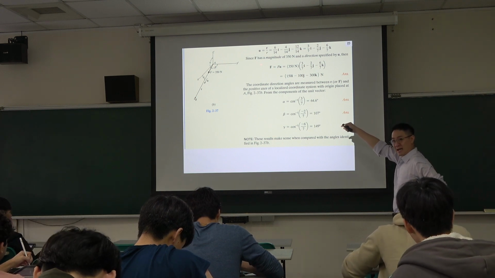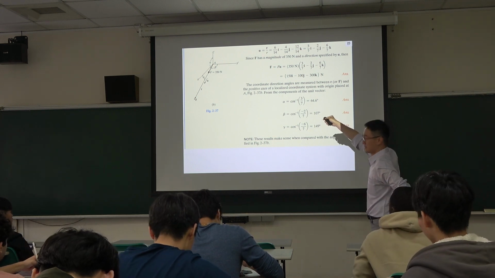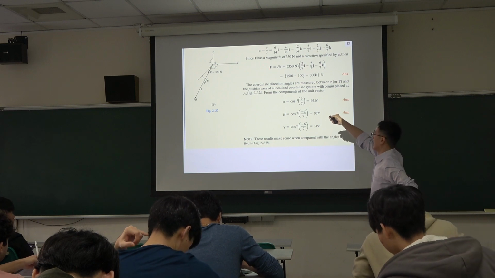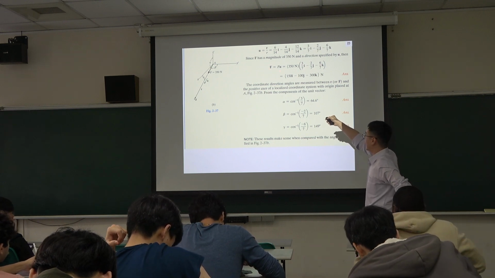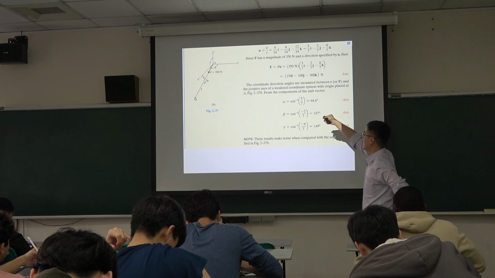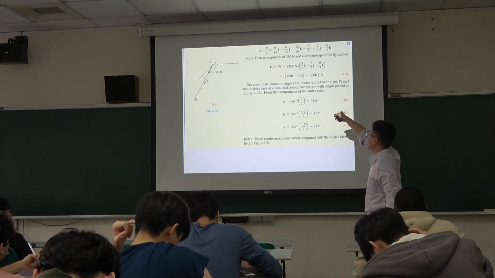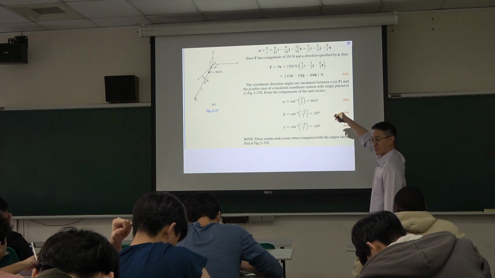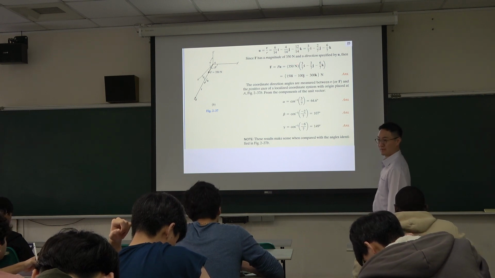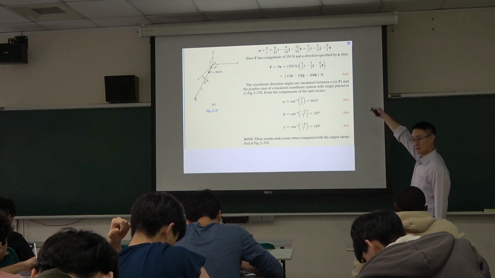The force represented using the Cartesian system is the scalar magnitude, okay, scalar times the unit vector. And then we already know the force scalar is 350. So times the unit vector.